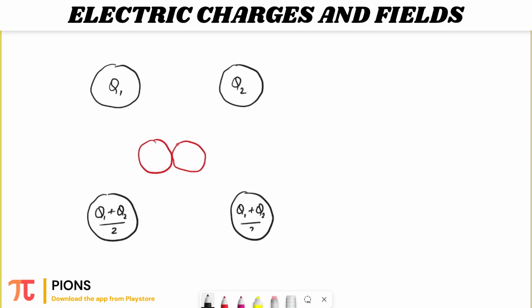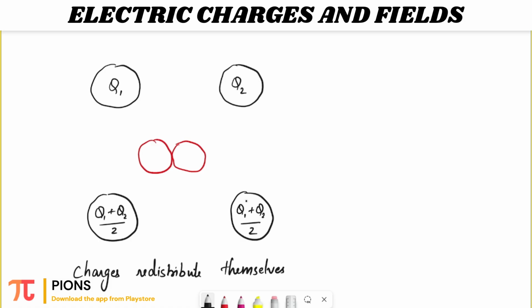So basically the charges redistribute themselves, and they redistribute equally. They don't stay separate, they just share equally.